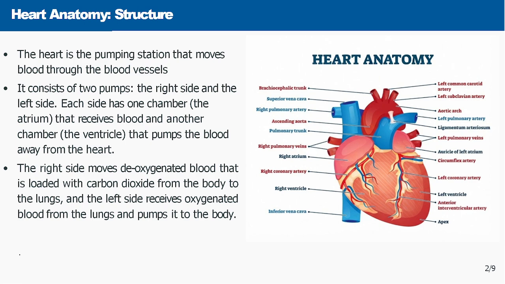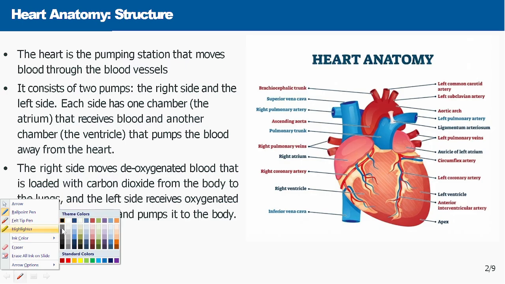And now coming to the structure of the heart. Now you can see the heart is a four-chamber organ. It has four different chambers. Two upper chambers and two lower chambers. Upper chambers are known as atria. So, here you can mark in this picture, let me change the color.